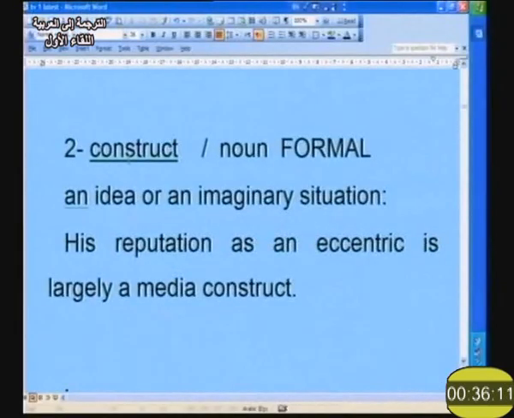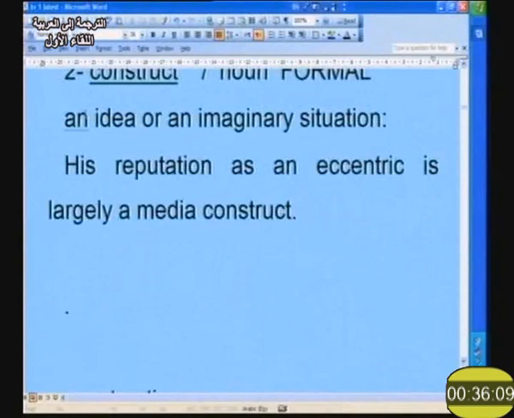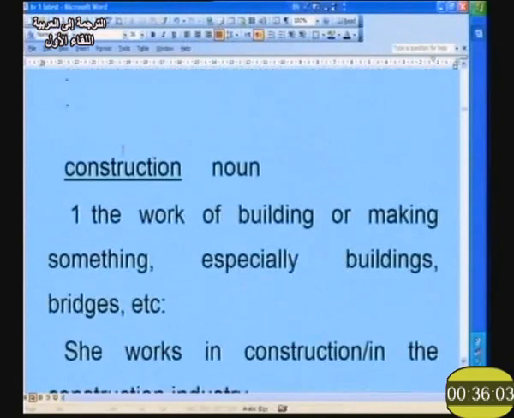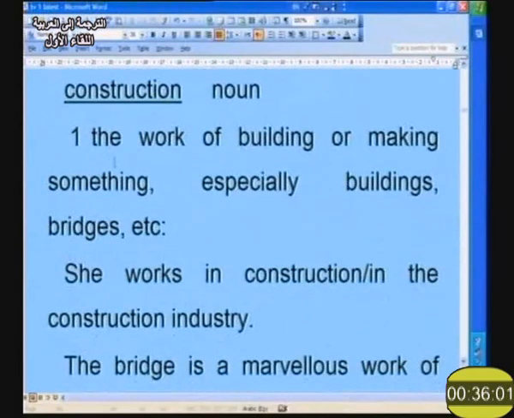The opposite of destroy is construct. Construct is the verb meaning يبني an idea or imaginary situation. Construction is the noun, the work of building or making something, especially buildings or bridges.